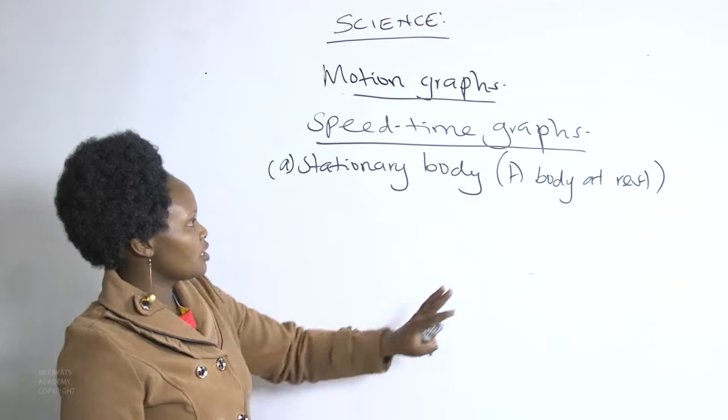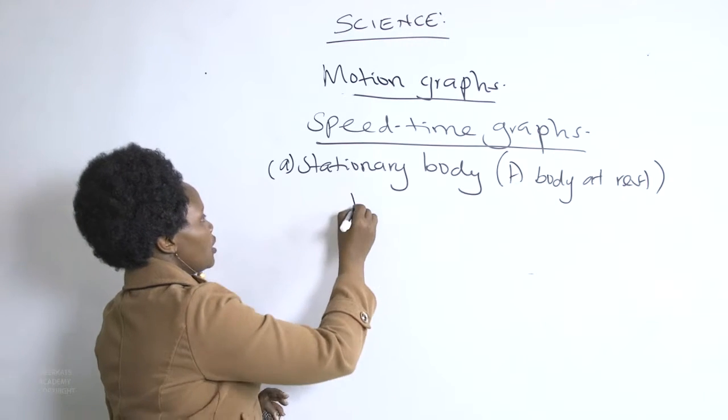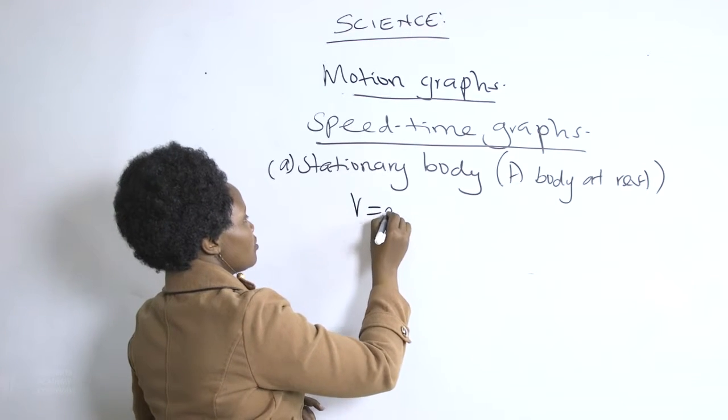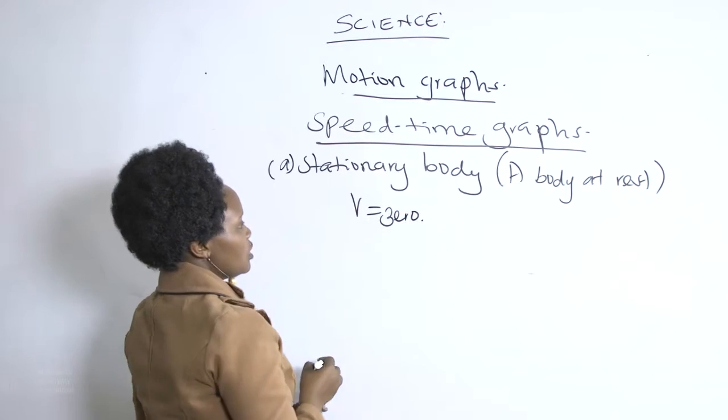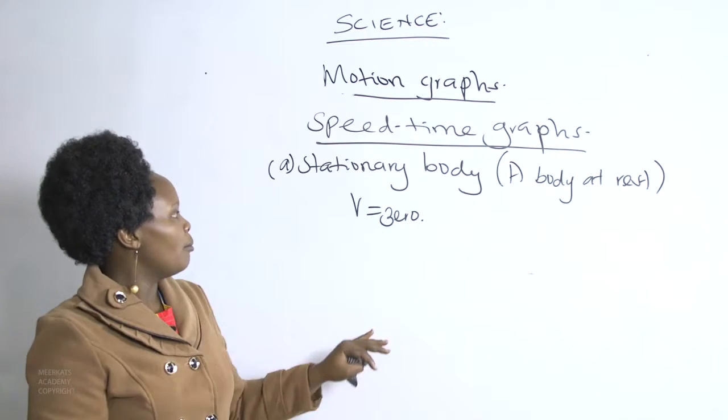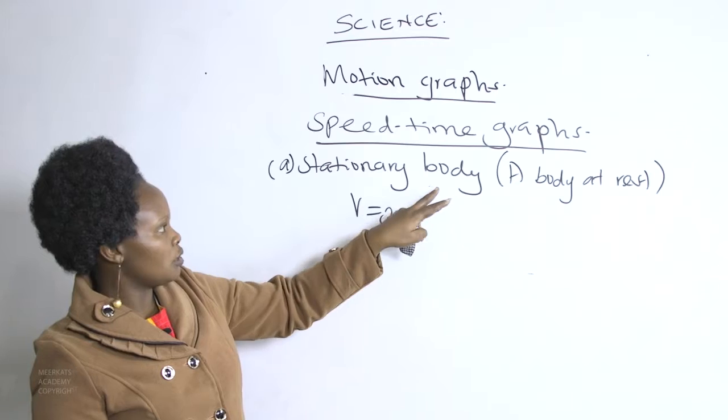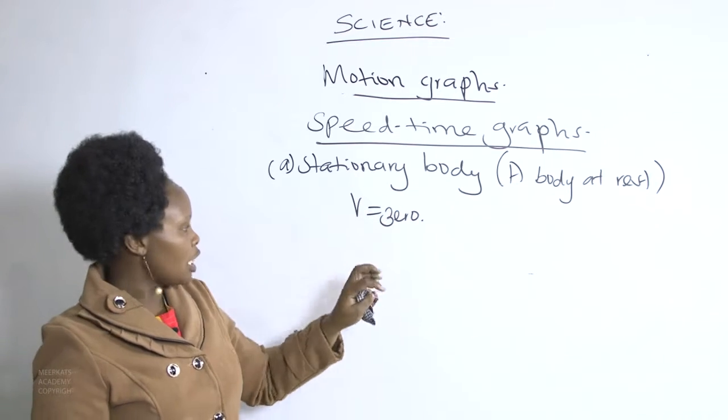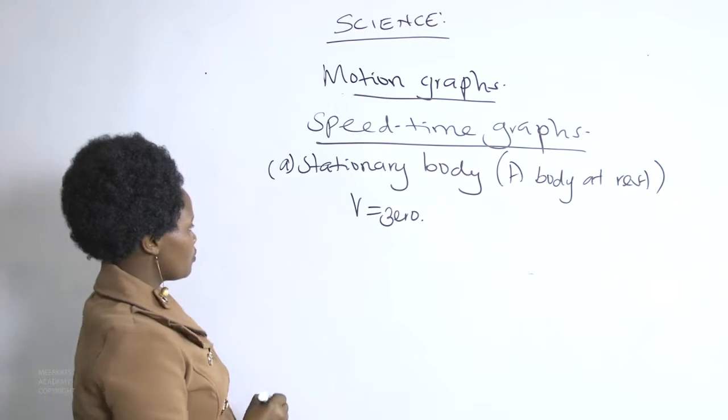And when a body is at rest, v is 0. Though time is going to pass by, but velocity of a body that is stationary is actually 0.